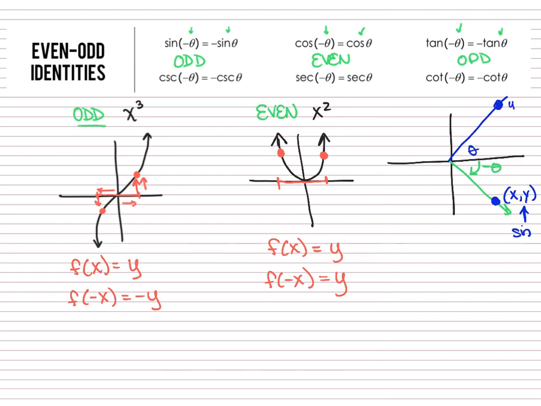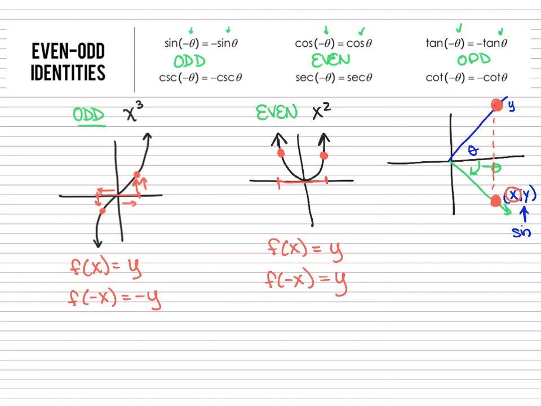This is y, this is actually negative y. Whereas for cosine, we're talking about the x value, and here the x values are exactly the same. So if we're taking the sine of a negative angle, the y value of that negative angle is going to be the same number, just the opposite sign, SIGN, as the positive angle in quadrant 1.